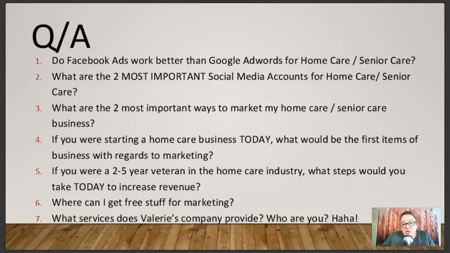But you have to understand a few things about Facebook ads. Number one, if we run Facebook ads for someone, we never just slap up a picture and say, hey, hire us for home care or anything like that.